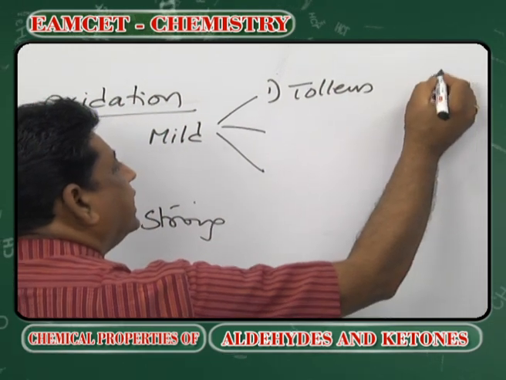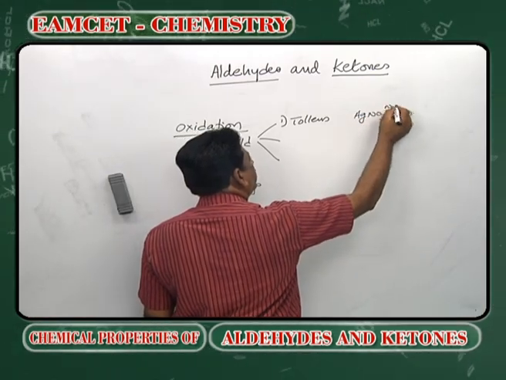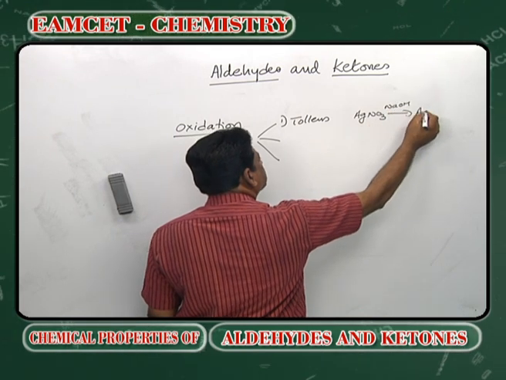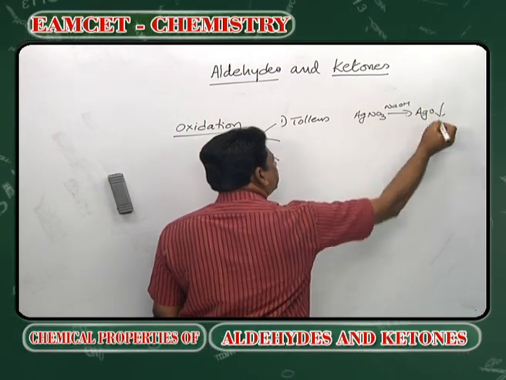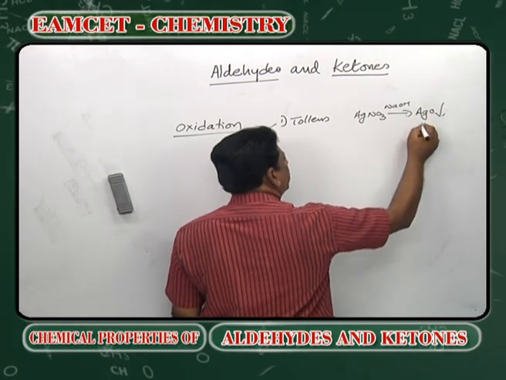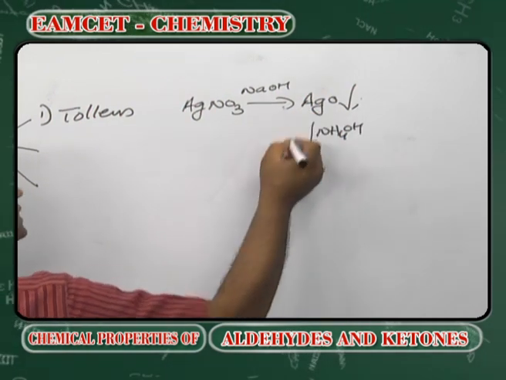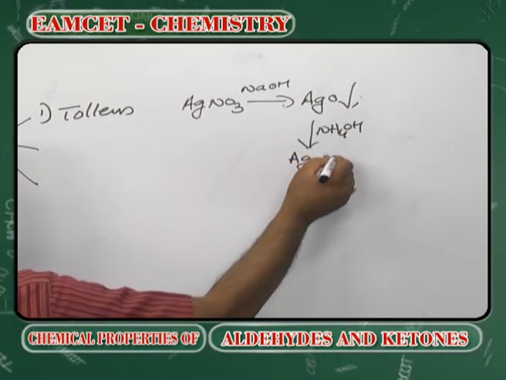Silver nitrate is taken and some sodium hydroxide is added so that silver oxide is formed, a black precipitate. This is treated with excess ammonium hydroxide, and then the silver amine complex is formed.